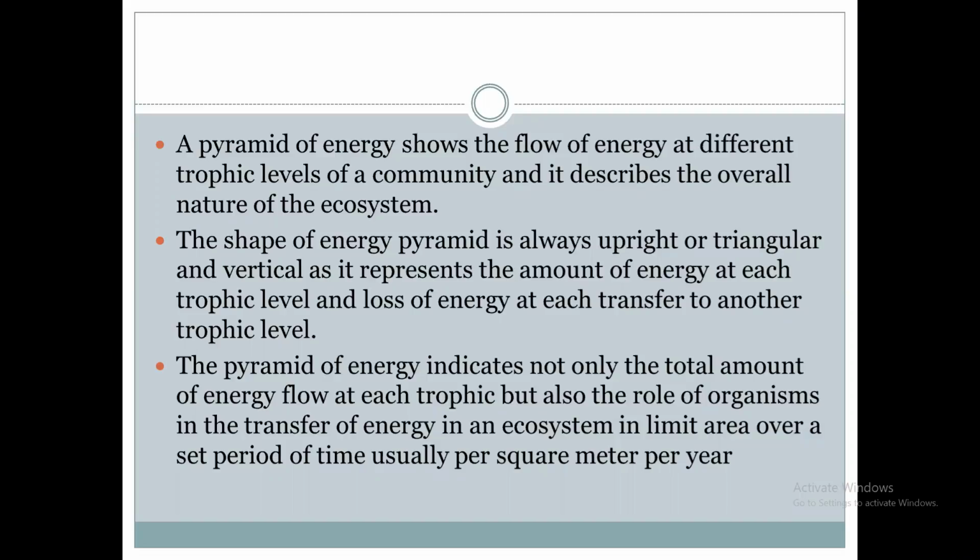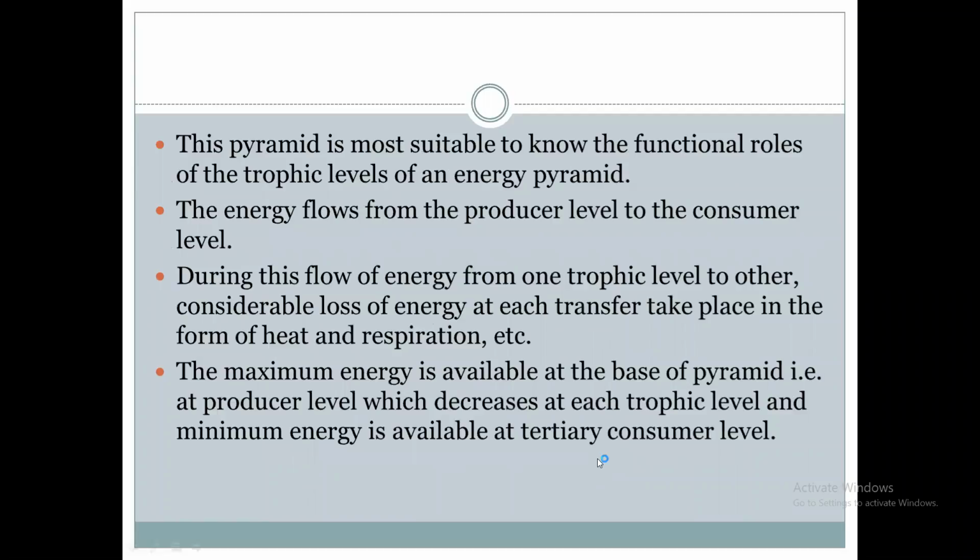This pyramid of energy indicates the total amount of energy flow. It indicates not only the total amount of energy flow at each trophic level, but also the role of organisms in the transfer of energy. What is the organism's role? How the energy is transferred from one system to another, measured per square meter per year.